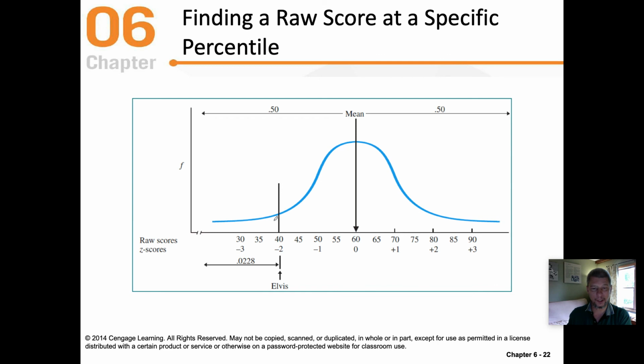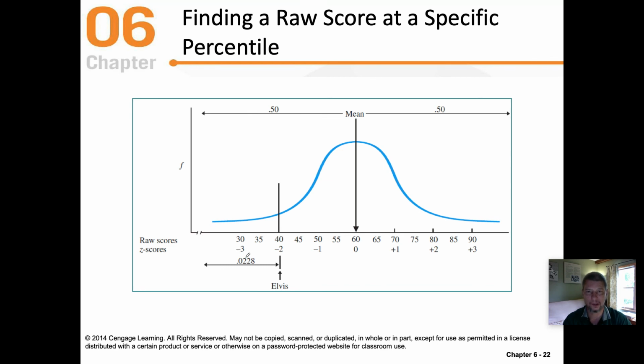That's what this number here illustrates: 0.0228, or 2.28% of the scores are below Elvis. That means Elvis is in the third percentile. He's between 2 and 3% on this.